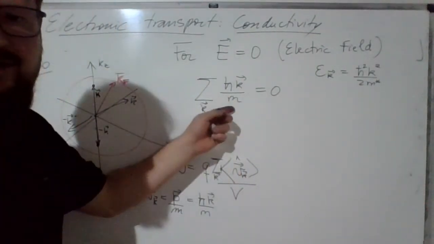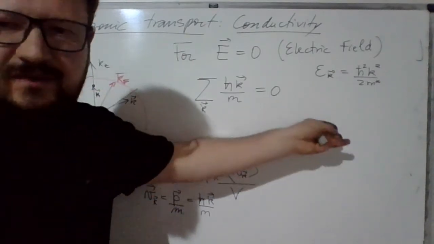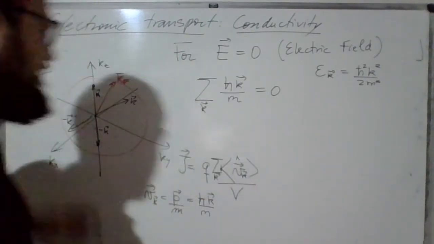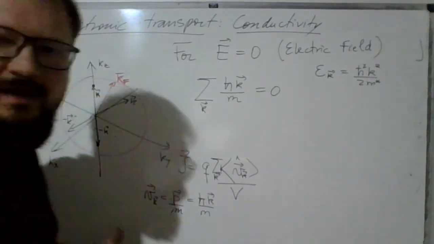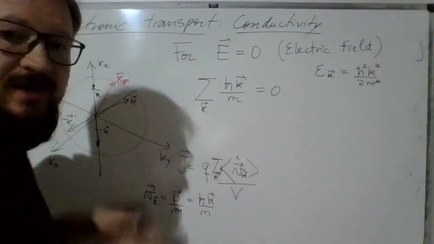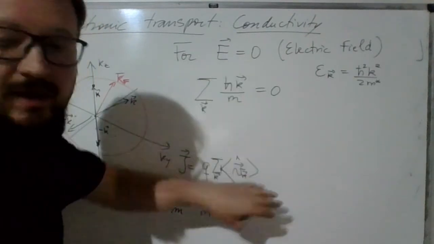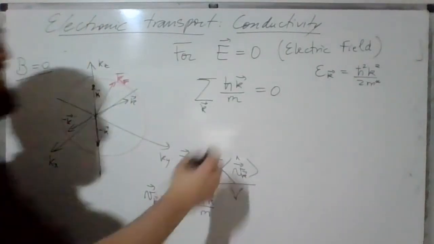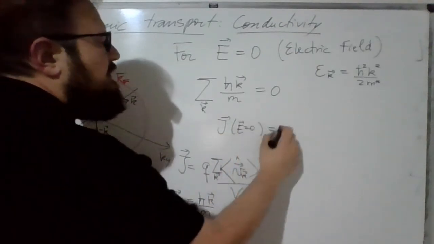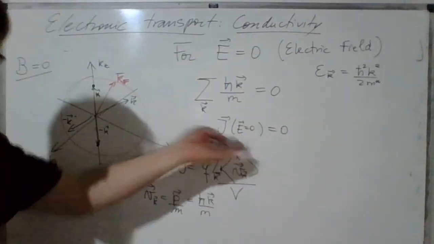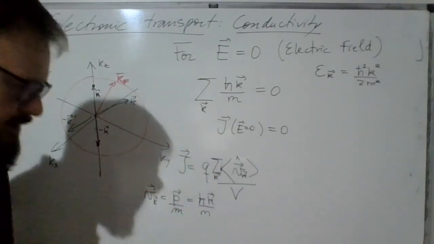So the velocity for non-applied electric fields is zero. The Fermi surface doesn't move. This is very intuitive. No applied field, no electric current. So J for E equal to zero produces zero. There is no electric current.